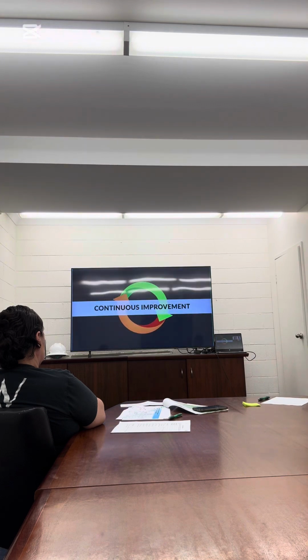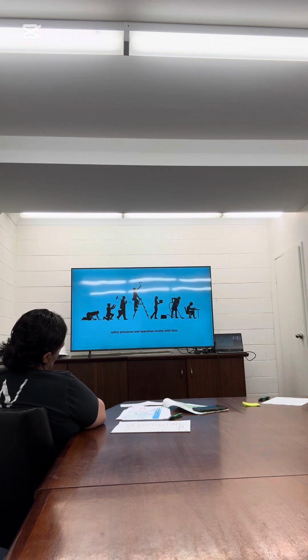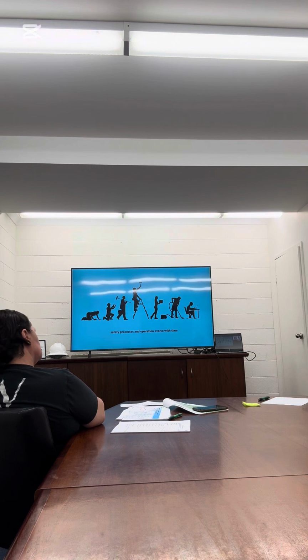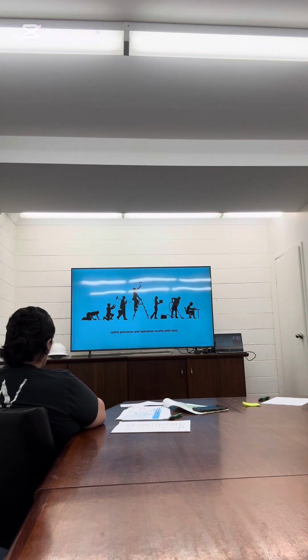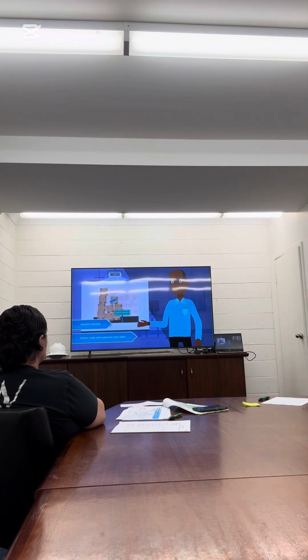Managing and improving health and safety needs to be ongoing. Safety processes and operation evolve with time, and workers and equipment can come and go, changing the risks in your workplace. When you actively seek to identify hazards, inform, train and supervise your team, you can be confident that you are managing the risks and the people exposed to them.